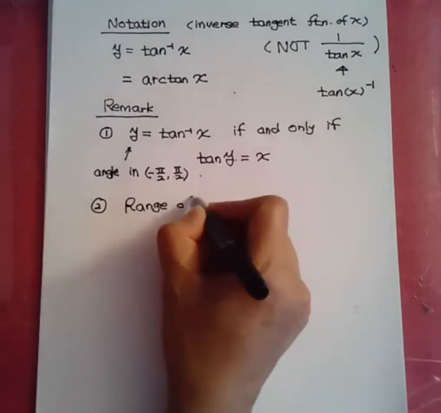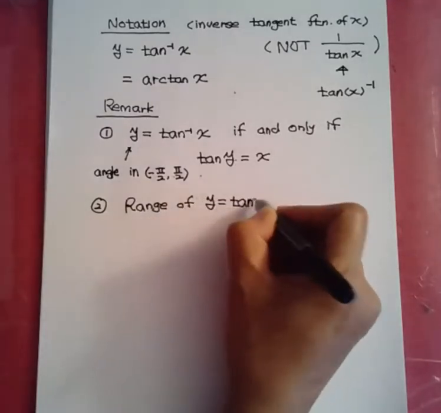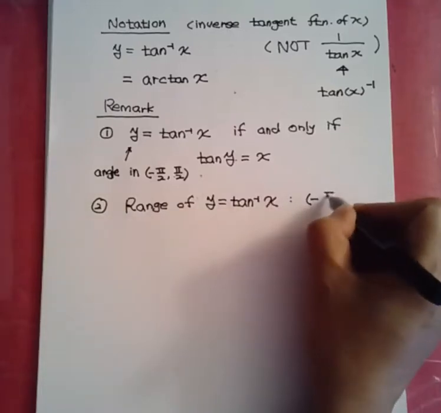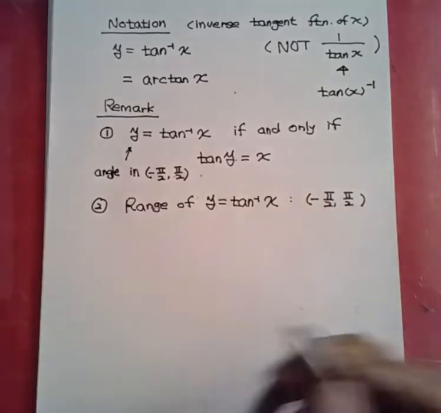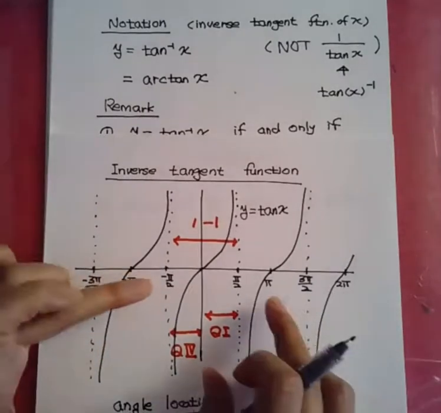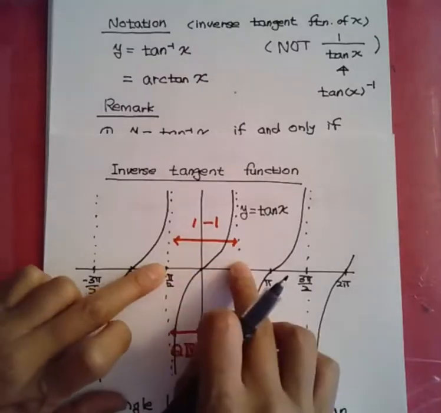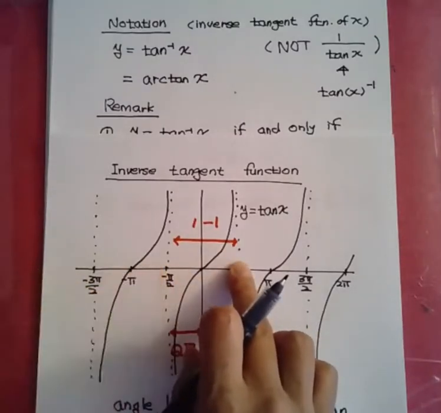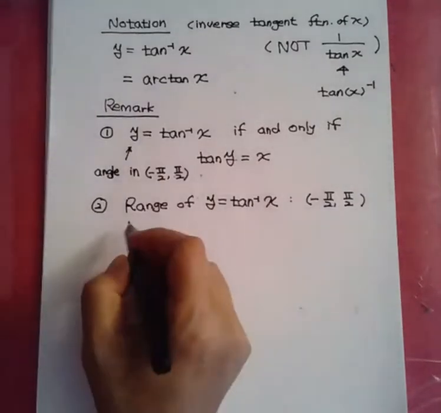The range of the inverse tangent function comes from the domain of the tangent function where it was one-to-one. We limited ourselves from minus pi over 2 to pi over 2. This x value became a y value, and that became the range.